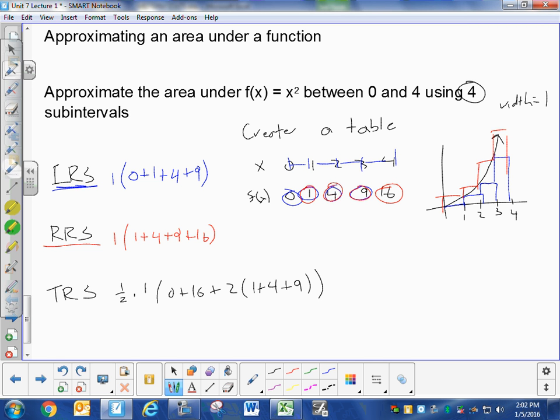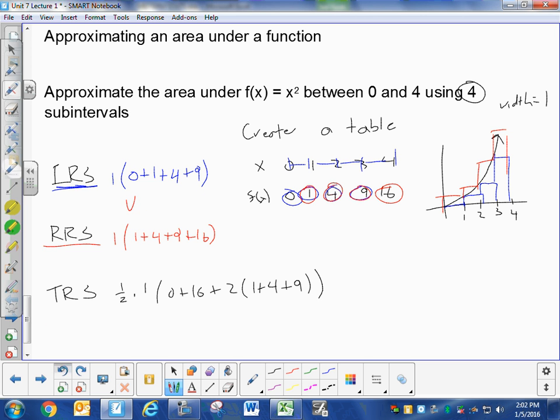Now, we can kind of see by looking at our graph that these approximations are not going to be good, right? But using both approximations, a left and a right, we can actually get a really good idea of exactly what our value is. And that's because I know the left, looking at my rectangles, is going to be an under approximation.